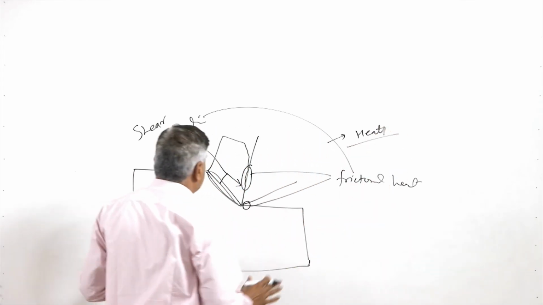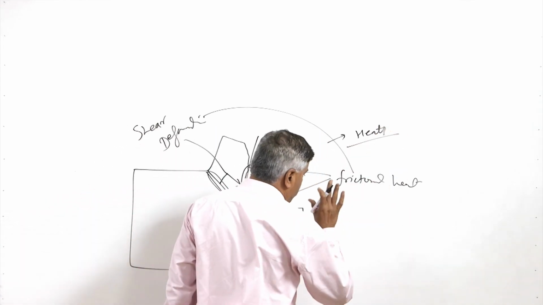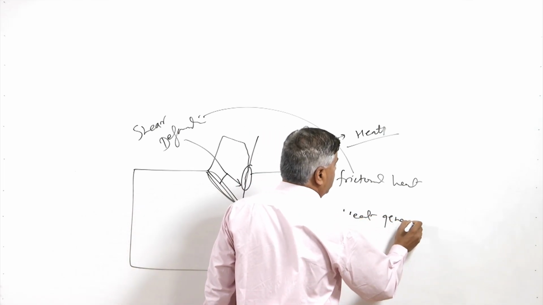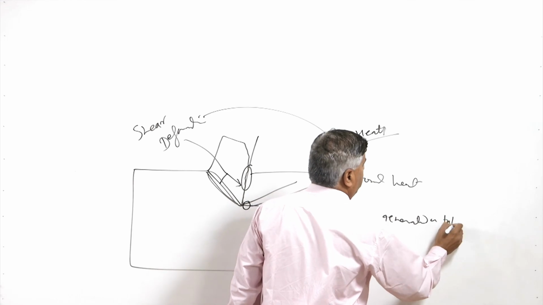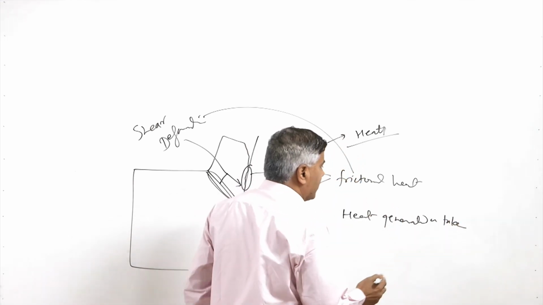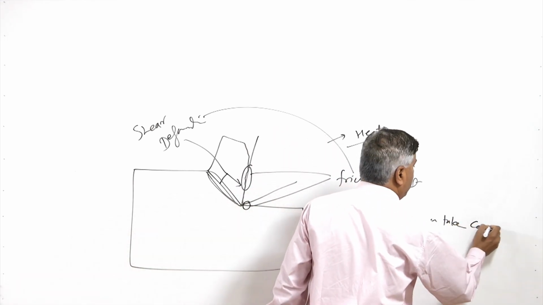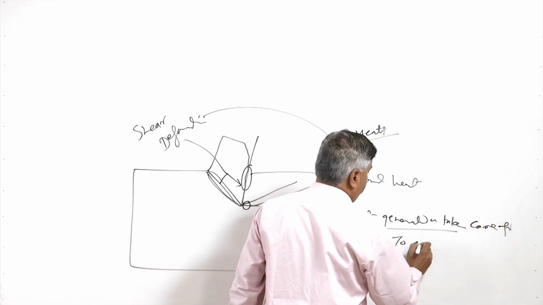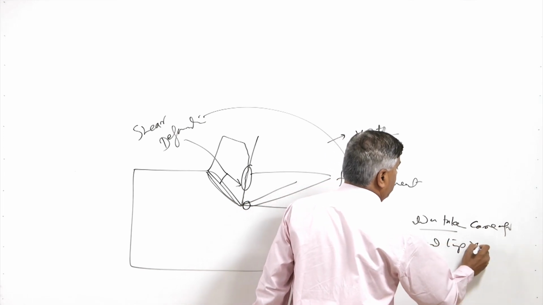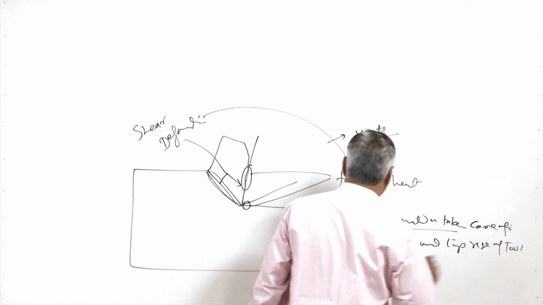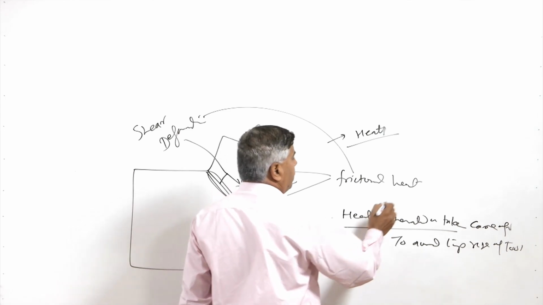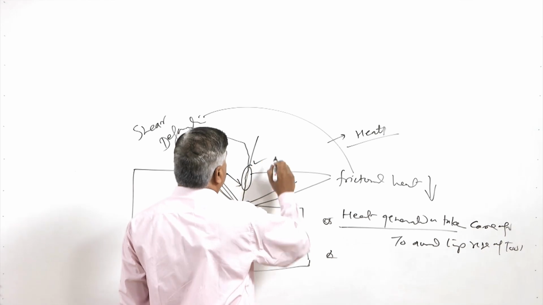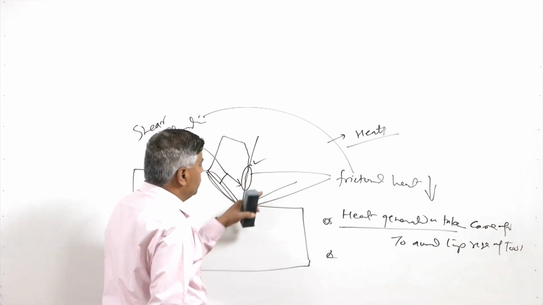So, what is our goal? Our goal is to look into two aspects. Whatever heat is generated is taken care of properly, to avoid the rise in temperature of the tool. This is one aspect, and the second is that the frictional heat is reduced by reducing the friction between the chip and tool as well as tool and workpiece.